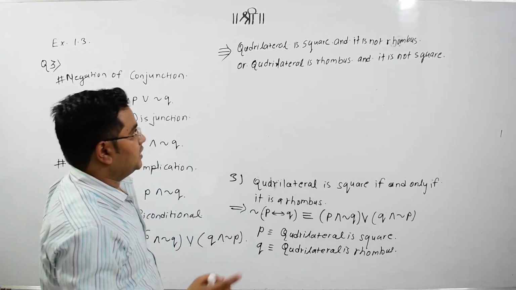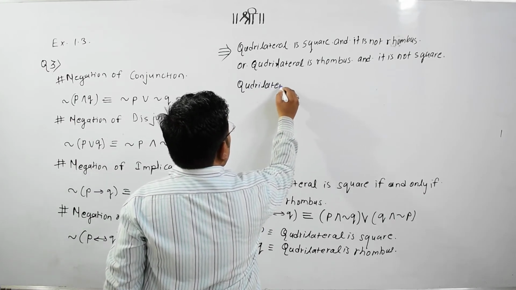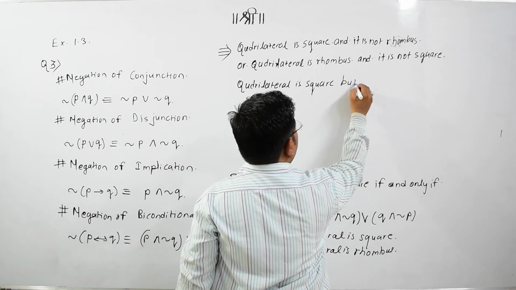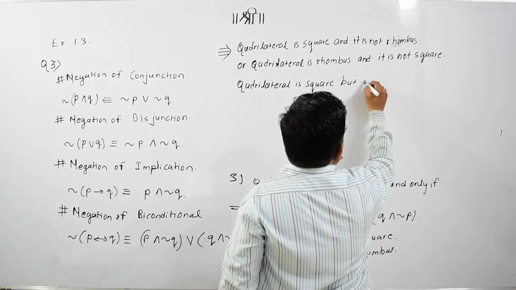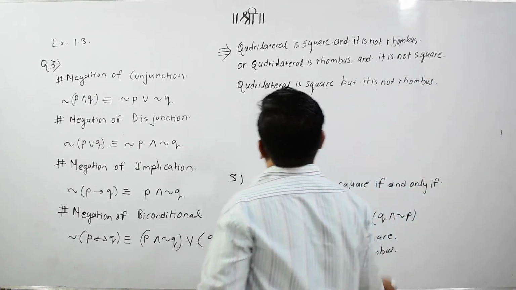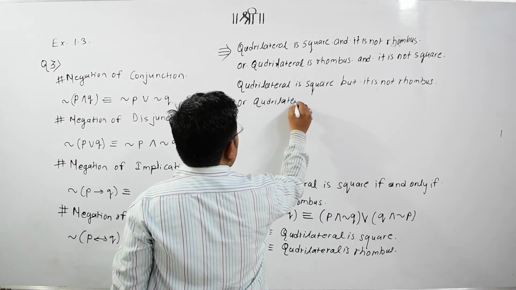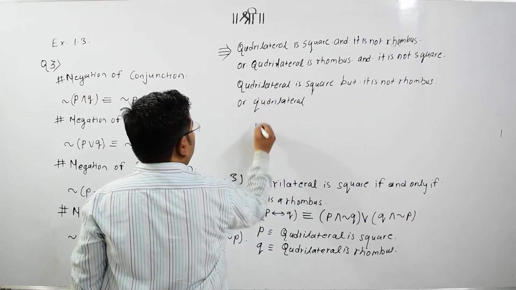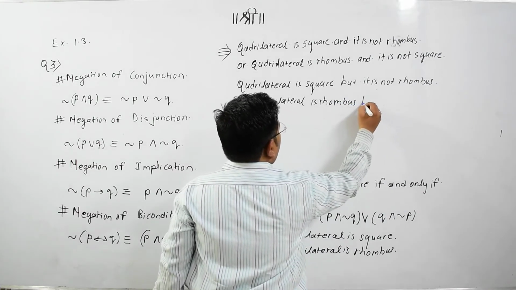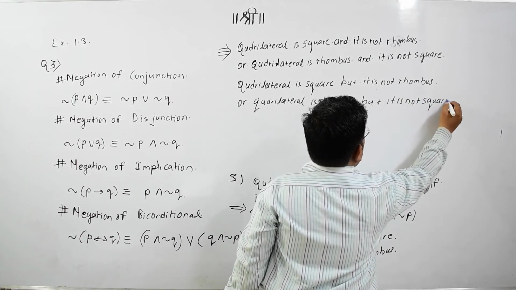Don't know how they are giving this, but they have used like this: quadrilateral is square, but it is not rhombus. Okay, or quadrilateral, so instead of quadrilateral, q should be small, quadrilateral is rhombus, but it is not square.